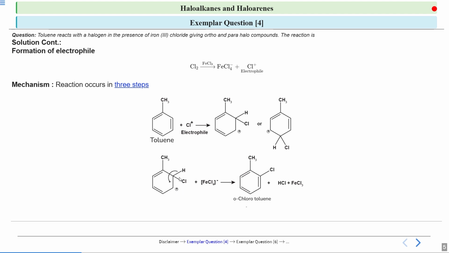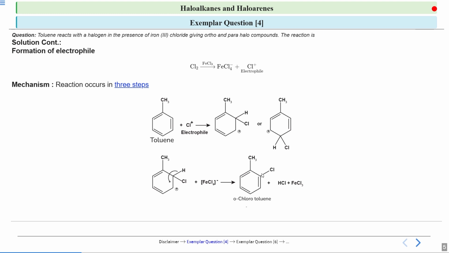This hydrogen will be removed, because we want our benzene ring to be stable. After the donation of these bonding electron pairs to this carbon for the stabilization of the ring, it will be removed from here, and this carbocation reacts with FeCl4 negative, giving us ortho substituted chlorotoluene.